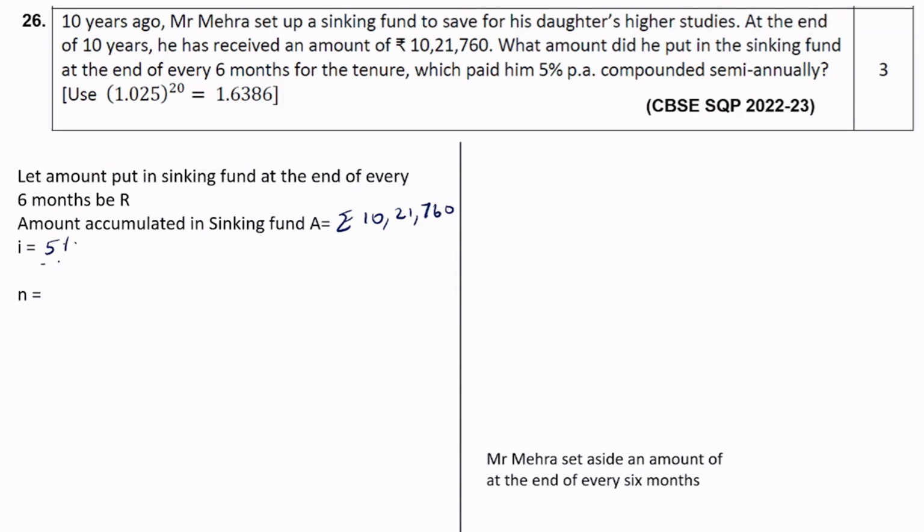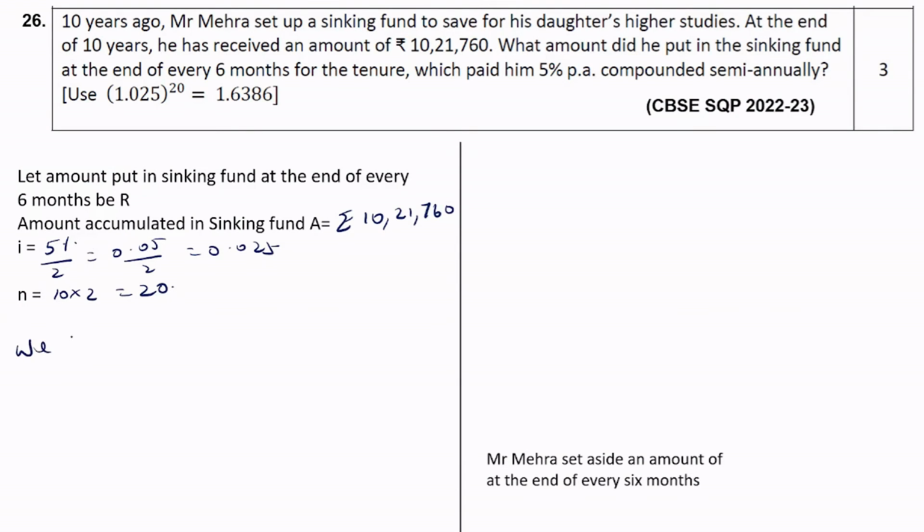So it is 5% divided by 2, 0.05 by 2, which is 0.025. And then N is the number of time periods. So here it is 10 years and he has put at the end of every 6 months. So N is 10 into 2, which is 20.